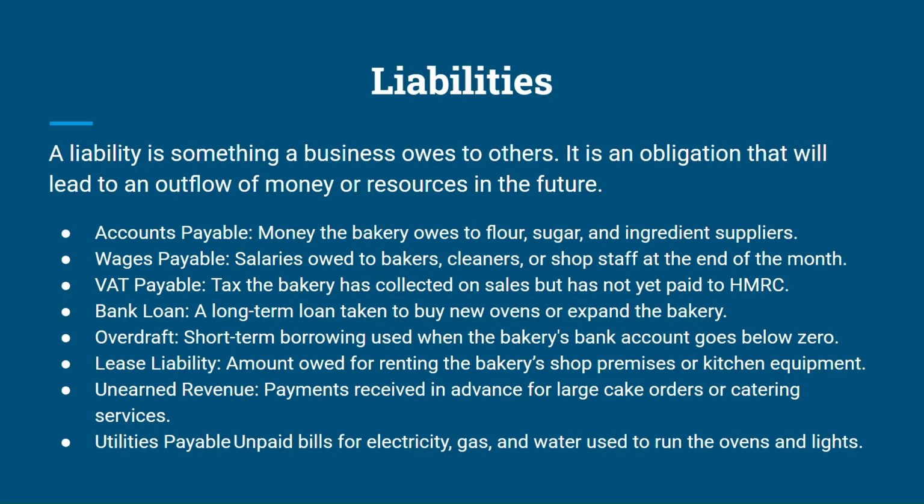HMRC is usually where the taxes are paid. Right. Then we've got bank loans. Now, bank loans, so you, for example, take money from a bank and you pay them back later, right? And then we've got overdraft. Now, usually, for example, if you have a bakery and you have zero money in your bank account, but you still need to buy stuff, maybe.